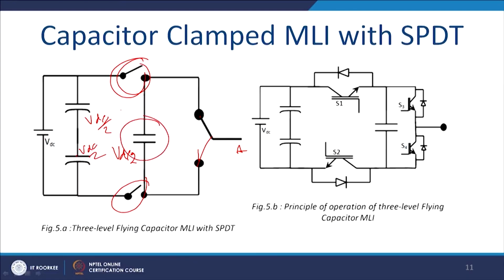Here you will actively monitor the voltage. If you close here, it will be essentially minus VDC by 2, and if you put this position, then it is minus VDC by 2. Same way, if you close this switch and put it here, you get plus VDC by 2.